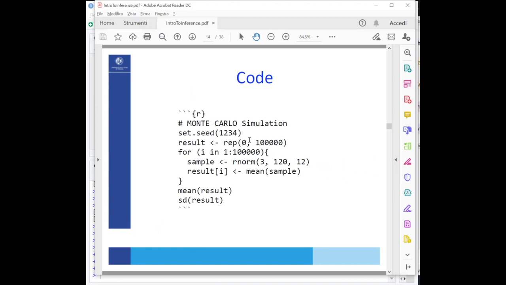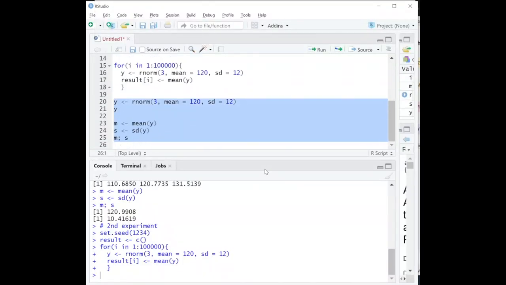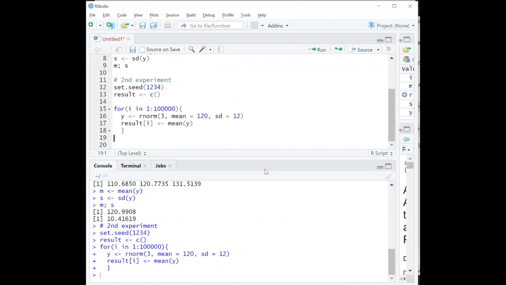But that's the same, it doesn't change. And I didn't call the sample Y, but I called it sample, but it's the same again. And then here I'm removing this because I no longer need it. I have this vector result.